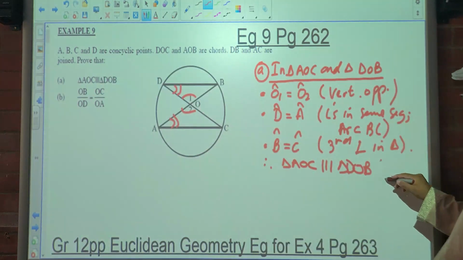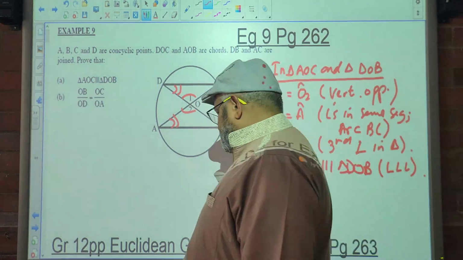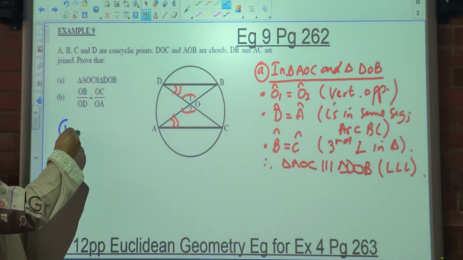Why? Because angle, angle, angle. What normally follows a similarity question? A distance question. So here, as you can see, they are referring to distance.